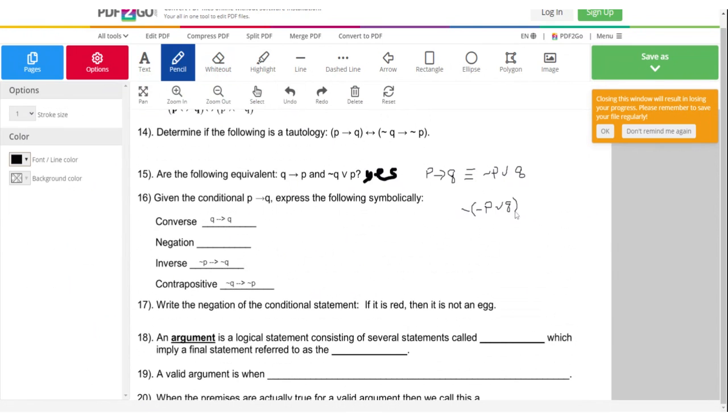And remember De Morgan's laws, it changes the sign of these and flips that. So not P... and not Q. So that's P and not Q.